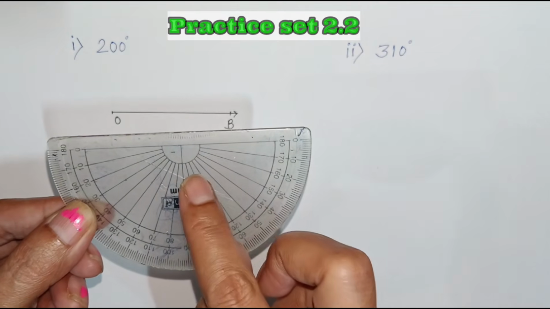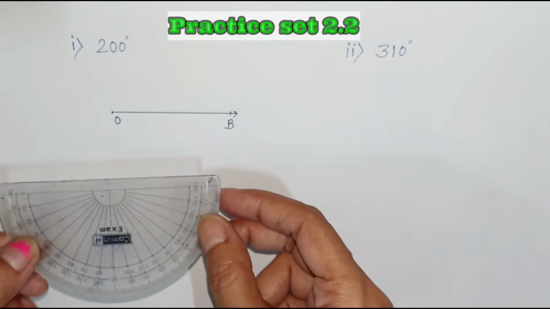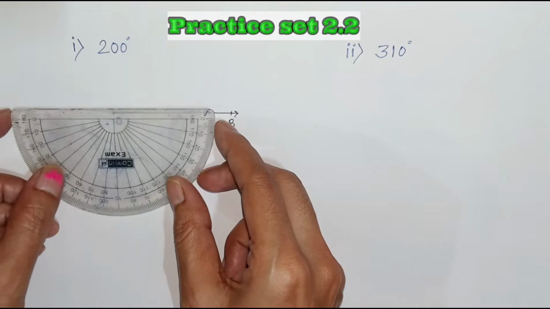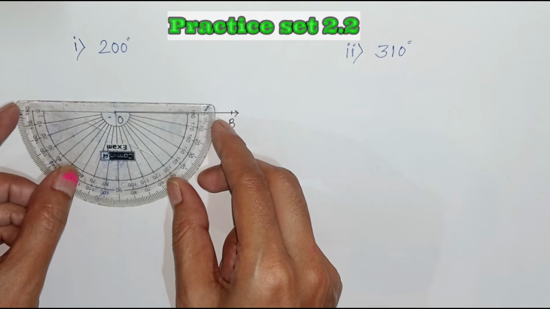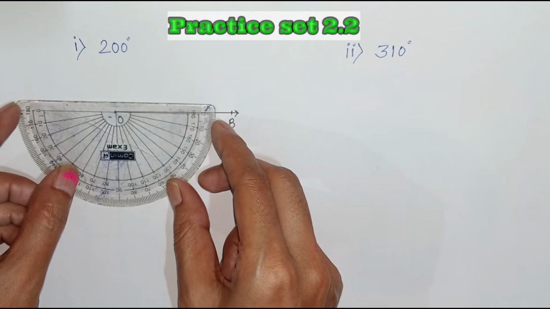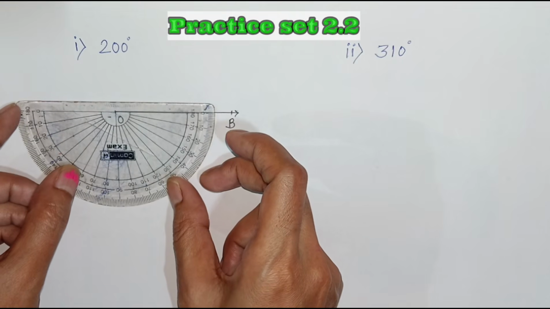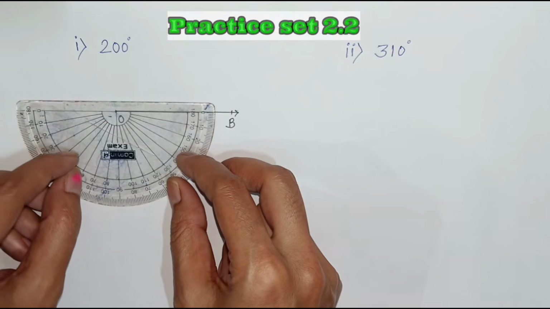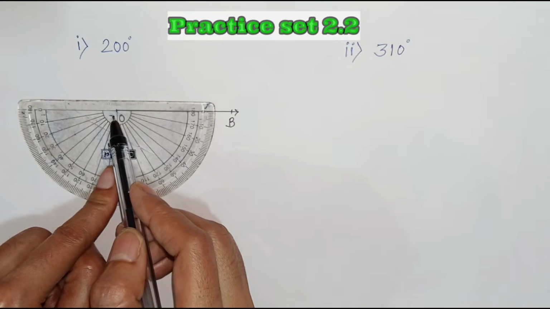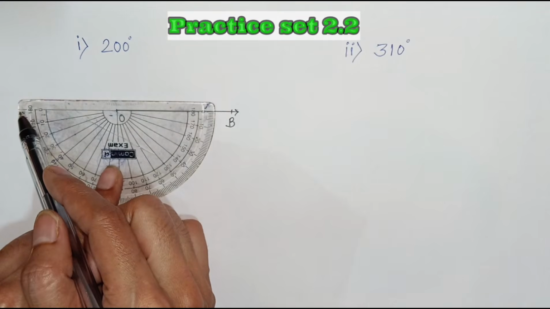Now I am going to keep the center of the protractor on point O in such a way that the reference line will exactly fall on ray OB. Can you see? You can see this is the straight angle, 180 degrees.